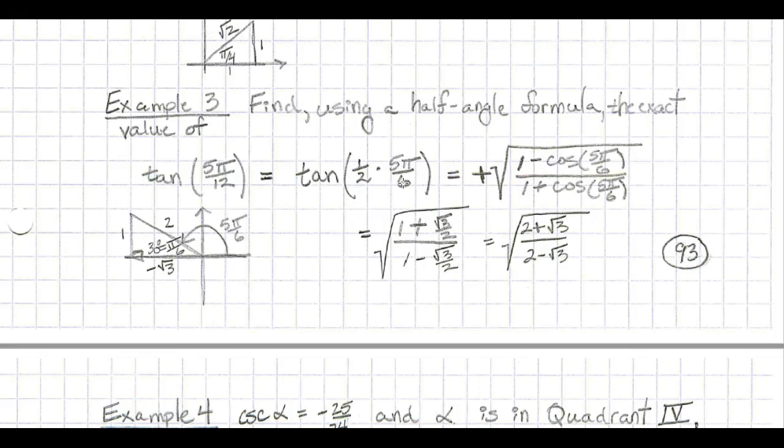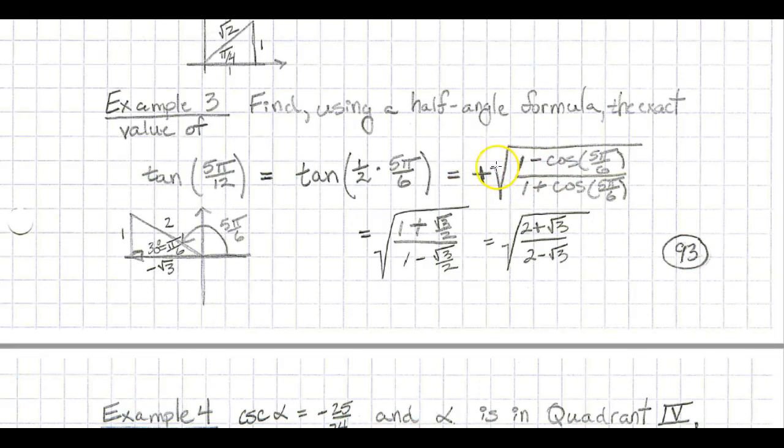So because alpha over 2 is 5 pi over 12, where's 5 pi over 12? 5 pi over 12 is over in this first quadrant, so the tangent will be positive. That makes sense? So I need to use the positive sign here.